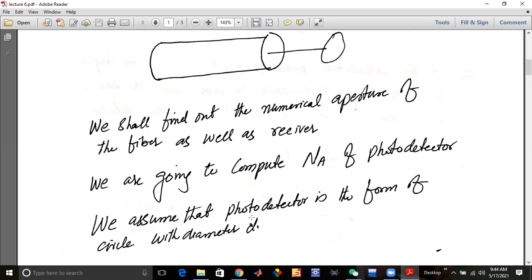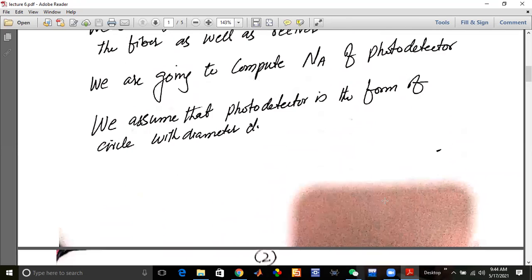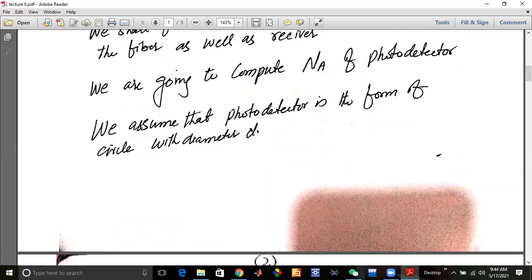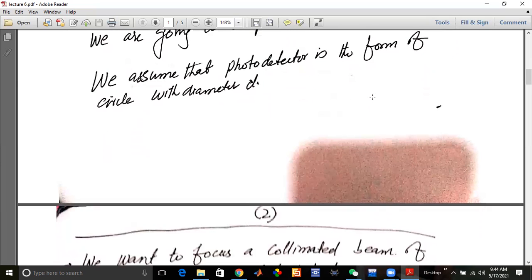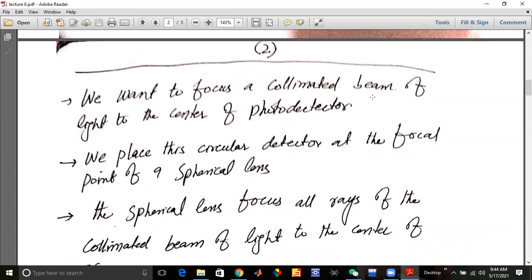So we assume that the photodetector is in the form of a circle with diameter d. We want to focus the collimated beam of light to the center of the photodetector.